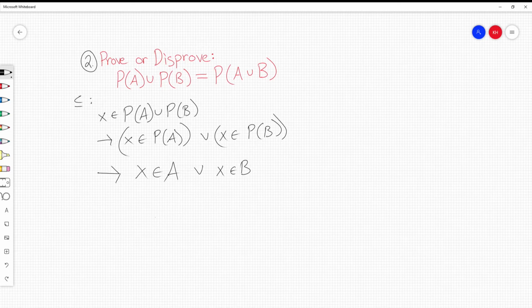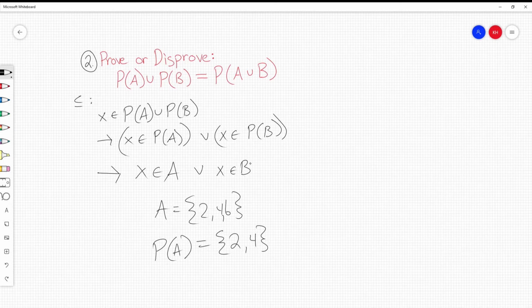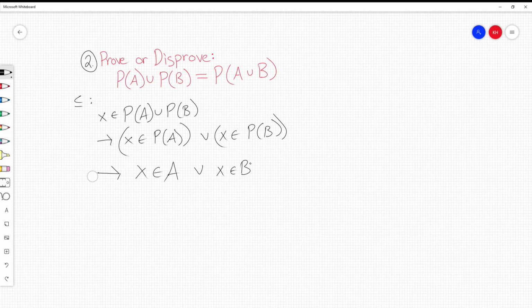As we go back to our problem earlier, A is equal to {2, 4, 6}. The power set of A has the set {2, 4}, which is not an element of A. You cannot switch it around when X is meant to be a set.